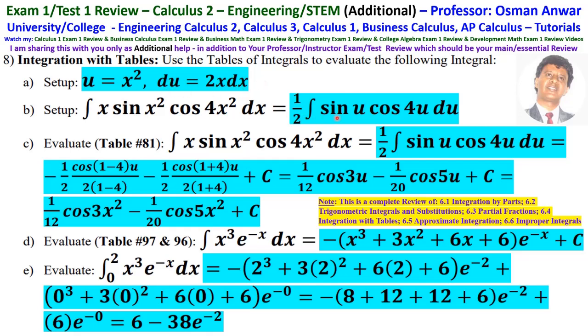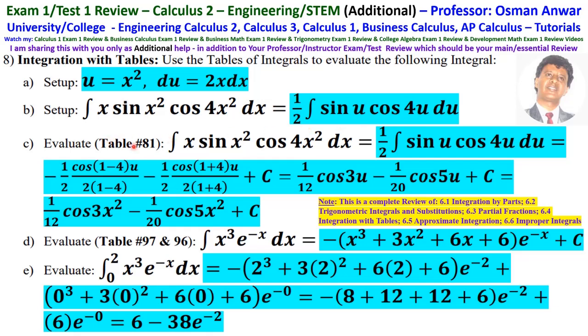Then this becomes sine u cosine 4u, and with x dx being du over 2, this is 1 over 2 sine u cosine 4u du.